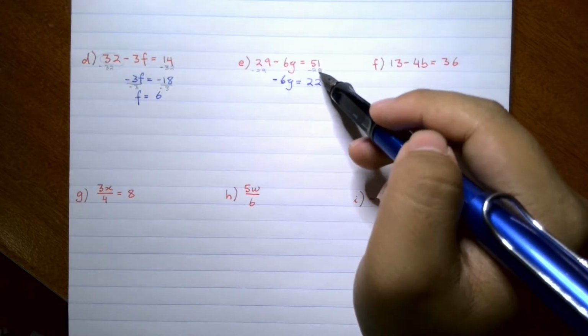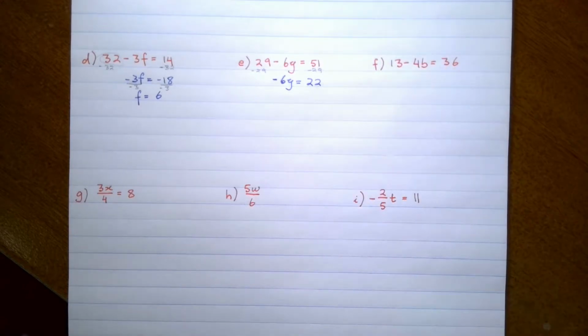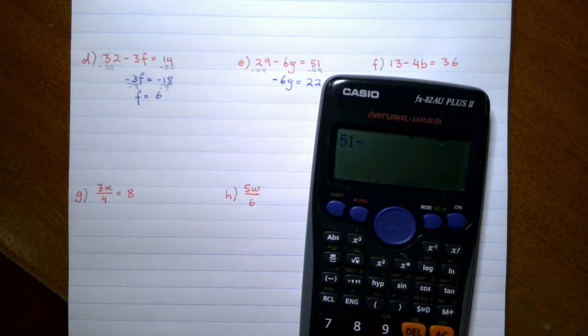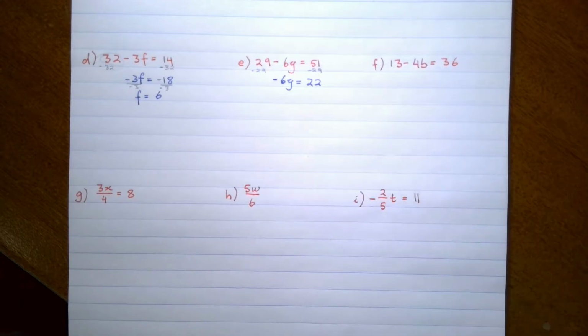Let me double check that. 51 take away 29. Yes, it is 22.